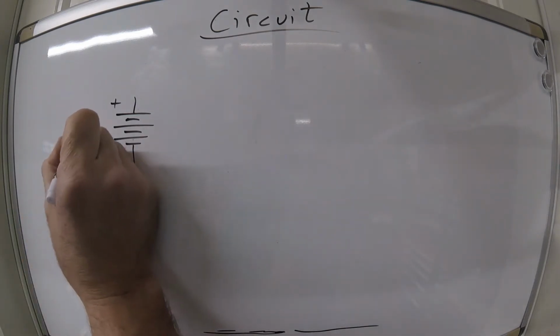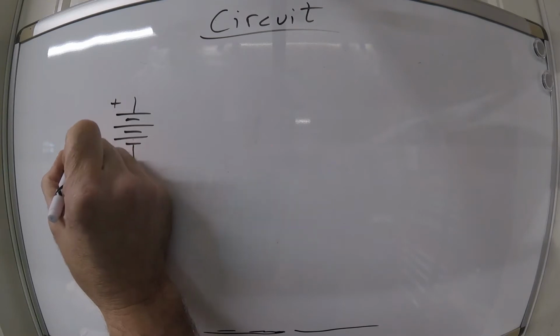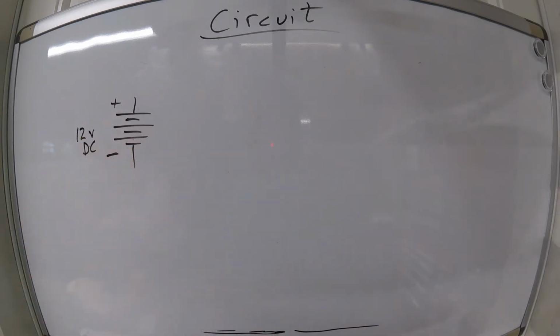We'll even label this. This is 12 volts DC. And we'll talk about that later, but DC just means that the current flows in one direction only. That's direct current. In your house, when you plug something into the wall, you're getting electricity that flows in both directions, and they call that alternating current. That's AC.